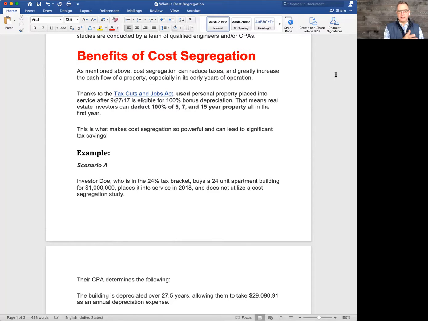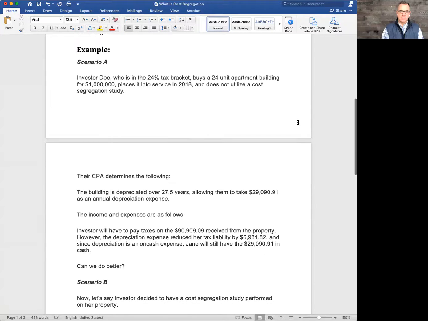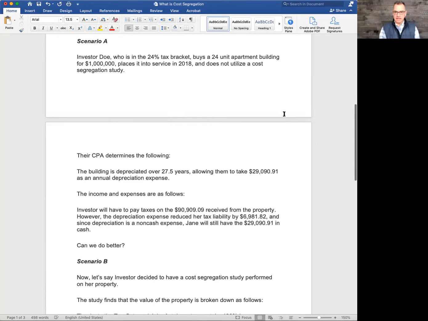This is due to the Tax Cuts and Jobs Act, which, as I said before, allows depreciation of personal property, meaning faucets, et cetera, over either 5, 7, or 15 years. That's what makes it so powerful, because it accelerates the write-offs that we get as real estate investors. So I put a couple of examples together here.